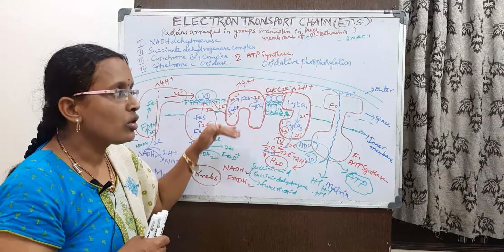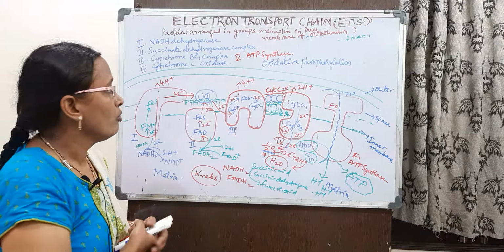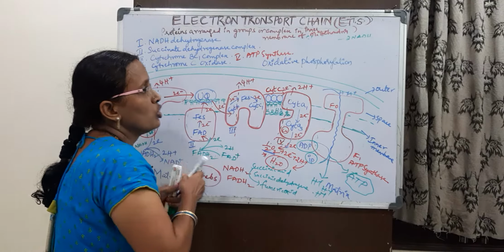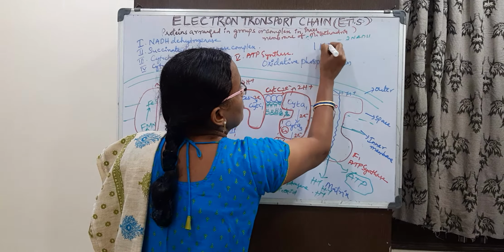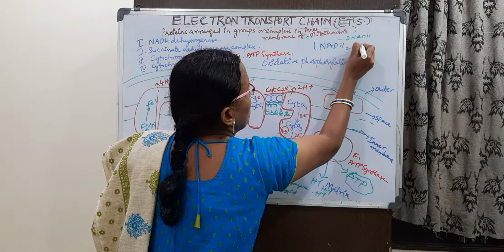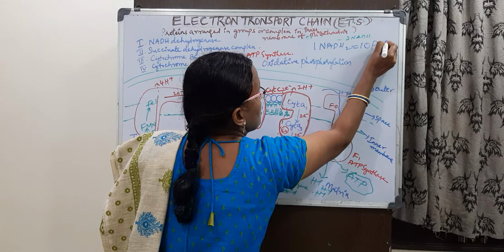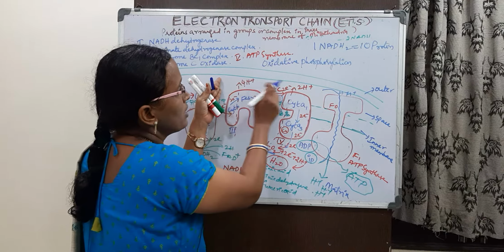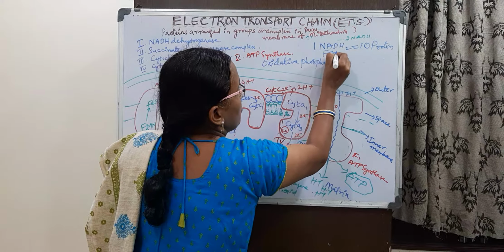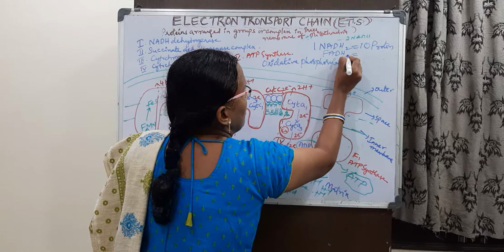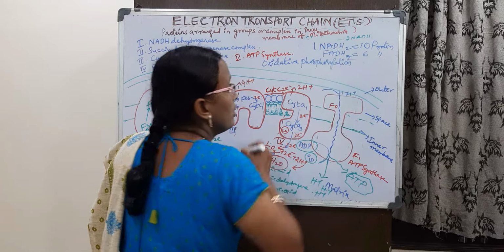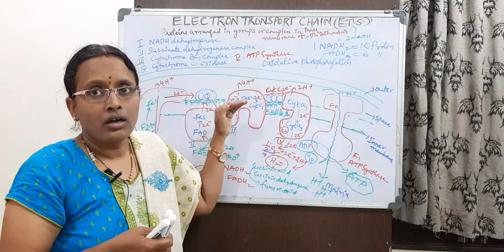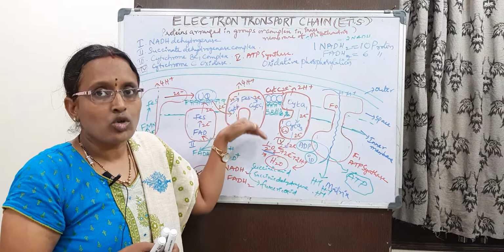In the electron transport chain, one NADH2 pumps 10 protons into the inner membrane space, whereas one FADH2 pumps 6 protons. With these protons, they create the proton gradient across the membrane.